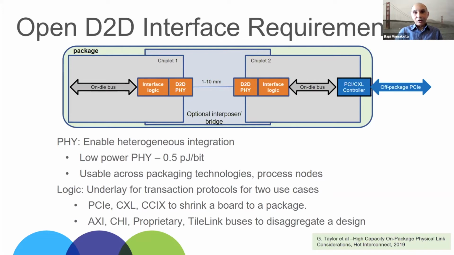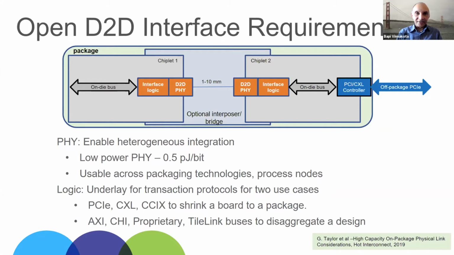The second option is to take the kind of protocols you use for off-package, something like PCIe, and move it to on-die. The off-package protocols typically tend to be serial protocols, which involve high-performance SerDes, and what you do is you move the same kind of SerDes protocol on package.